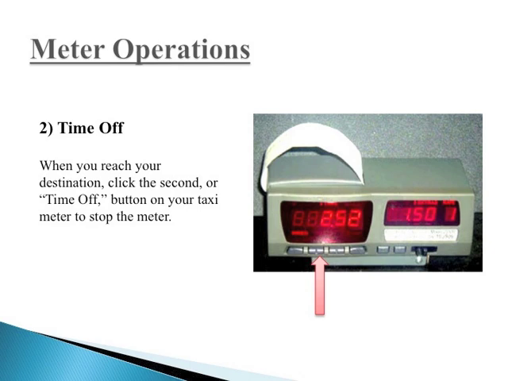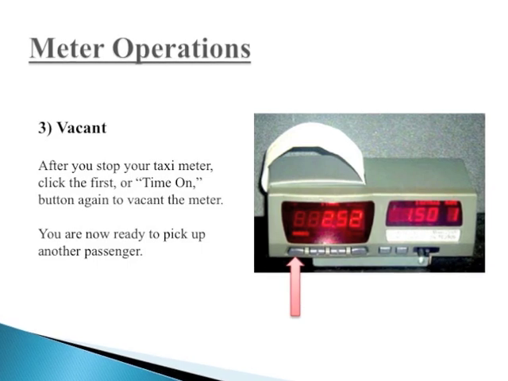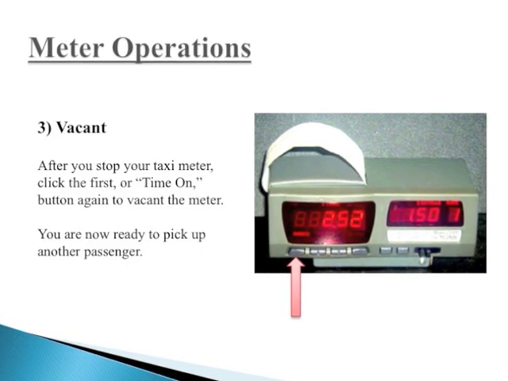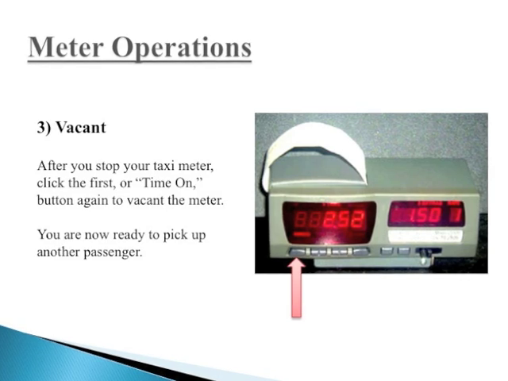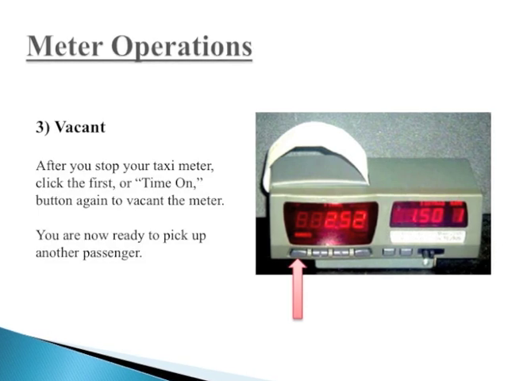After you have driven your passenger to his destination, click the Time Off button to stop the meter. Finally, the Vacant button is now button 1, the same as the Time On button. After you stop your meter, click the first button to vacate your meter.